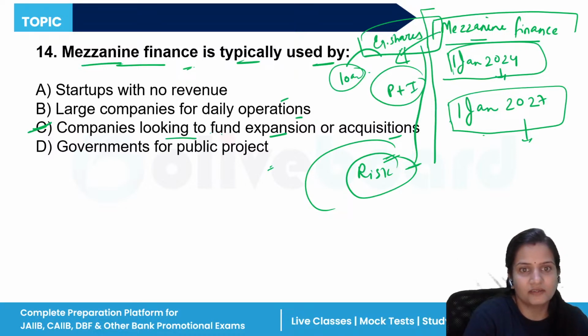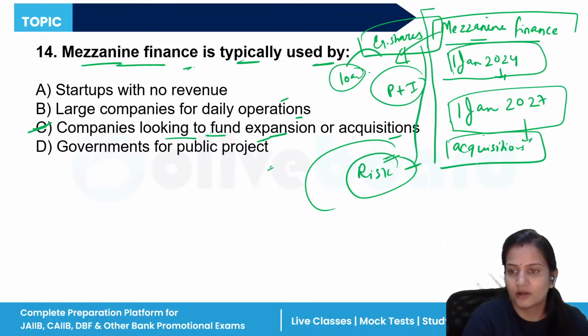So it is basically used by companies looking to expand. If the shareholders' wealth is more, if there are more shareholders, definitely there will be more acquisitions, because owners are the ones who do this kind of work: acquisitions, amalgamations, mergers, for expanding into new business. They have to bring a lot of money in that case.